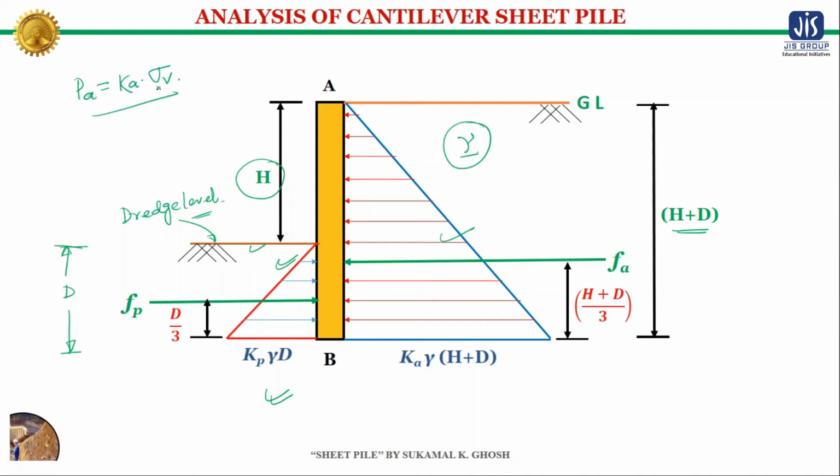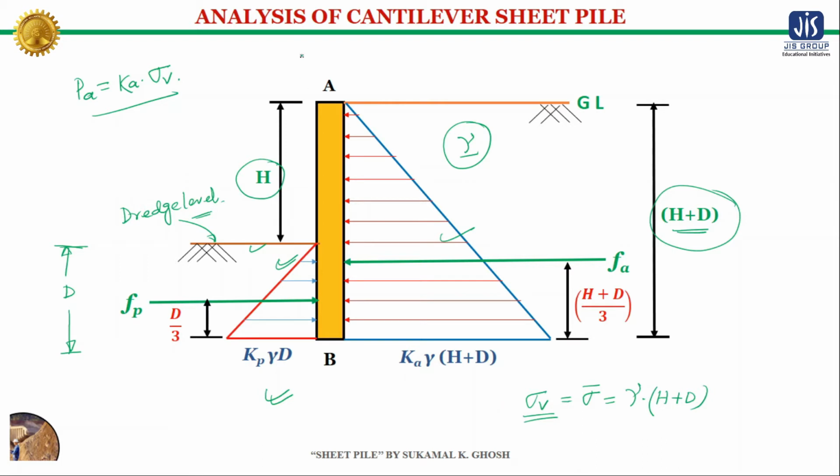If you consider the vertical stress for the active earth pressure, you will have sigma V, which is nothing but the effective stress, equal to the unit weight gamma into the height, which is this h plus D. So this is the value of sigma V for the active earth pressure.